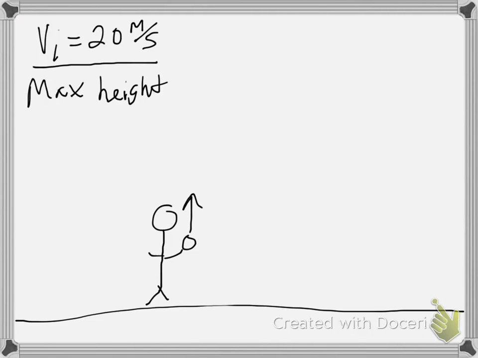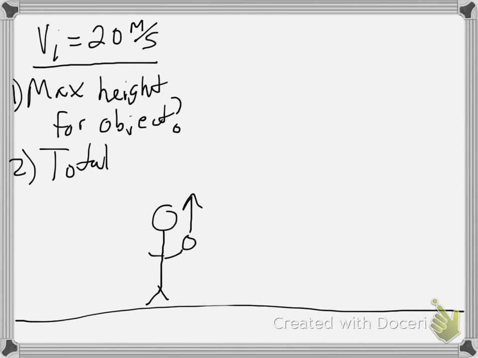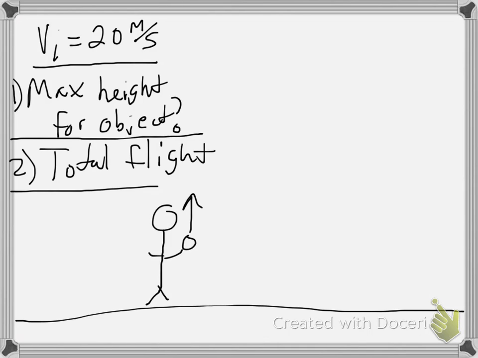So what's the maximum height for the object? And that might be one question. And then a second question that's very popular to ask is, what's the total flight time? Or what we would call the total time of flight. And so these two are what we really want to know.